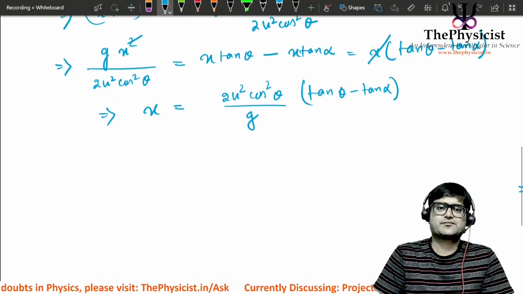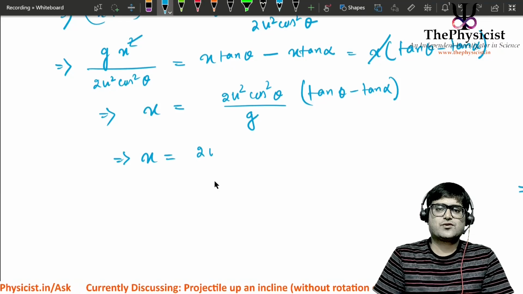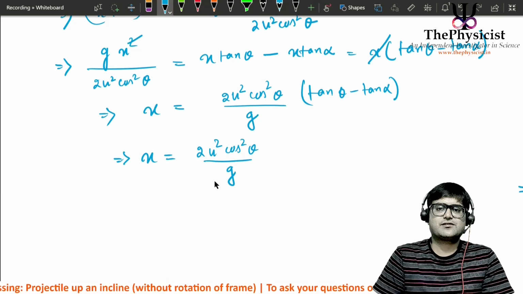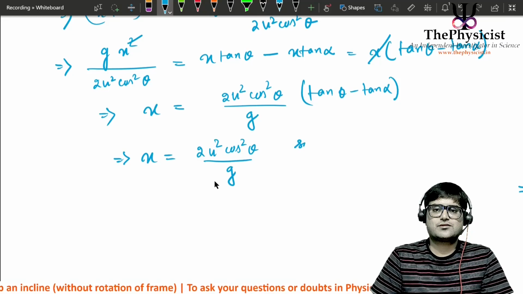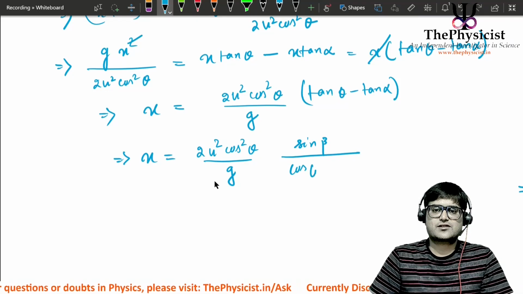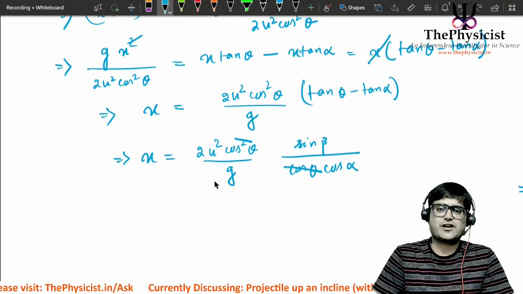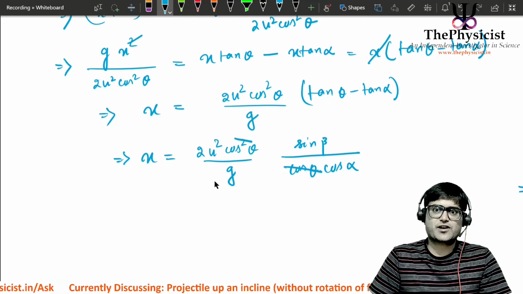So I can write that x is equal to 2u squared cos squared theta by g into sin beta divided by cos theta cos alpha. Here cos theta would take 1 power of cos squared theta in the numerator.